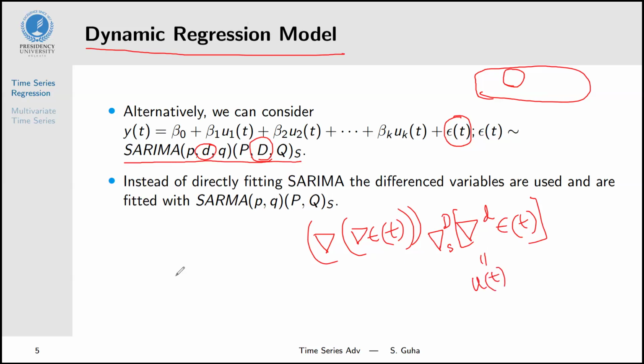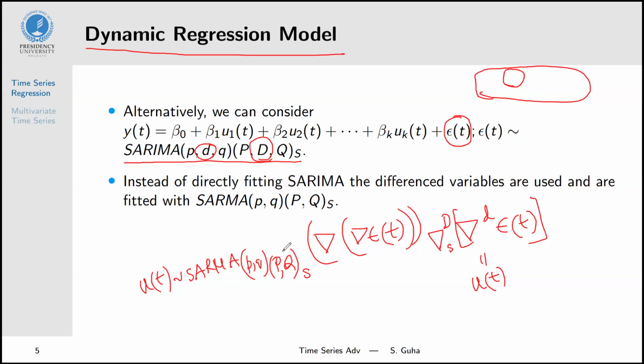Now this ut will be following a usual SARMA (small p, small q, capital P, capital Q, S) model. So now the integrated part is gone from the picture, and this will be the usual ARMA, but with a seasonal component.